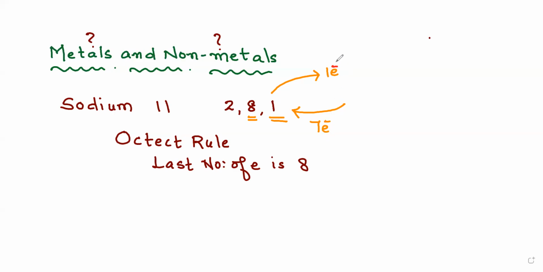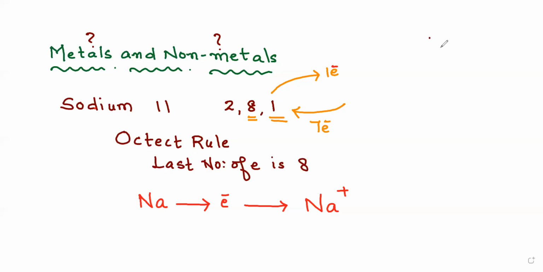According to common logic, it is always easier for sodium to remove 1 electron. So sodium will remove 1 electron, and when 1 electron is lost, sodium will get 1 positive charge, Na+. So what has happened is that sodium became positive.